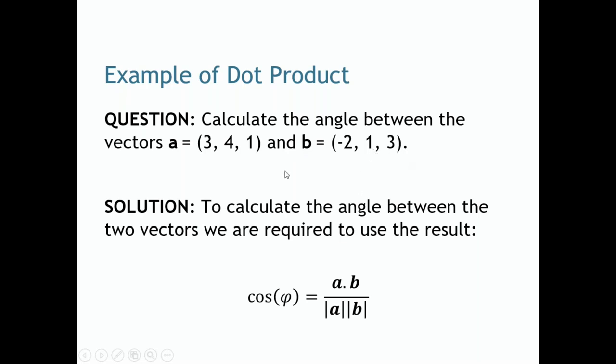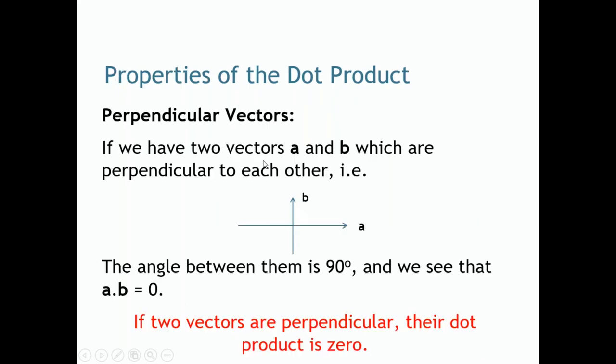Properties of dot product. Let's quickly rush over this before our time ends. We have two vectors A and B which are perpendicular to each other. The angle between them is 90 degrees.